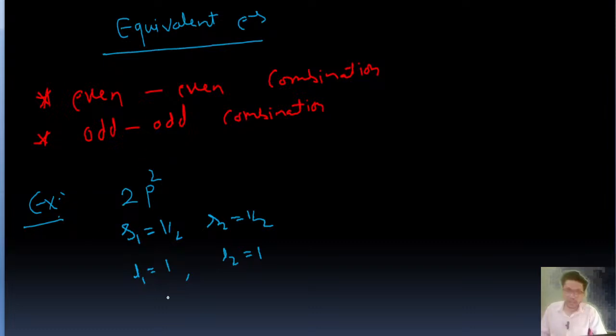So now S value is going to be, I'm writing directly, mod of half plus half to mod of half minus half, right? So the value of S is going to be 0, 1. Okay, and L values are going to be 1 plus 1 to 1 minus 1, because L1 and L2 are 1, right?